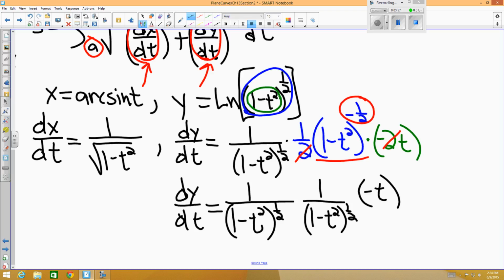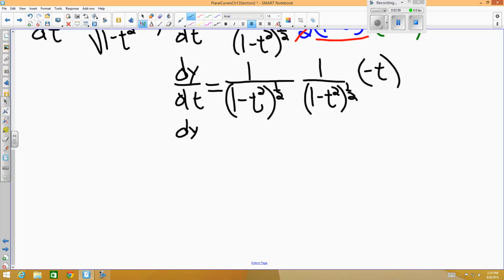So lastly, for dy/dt, remember, to multiply fractions, we just multiply straight across. We do get the chance to cancel, but there's nothing left to cancel here. So we just multiply straight across. 1 times negative t is negative t. 1 minus t squared to the 1/2 times itself, well, you can add the exponents. So 1/2 plus 1/2 is just 1.